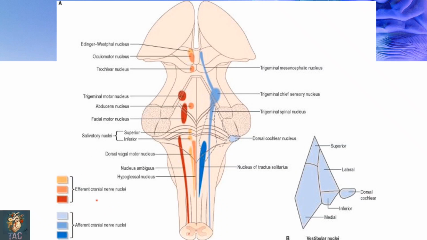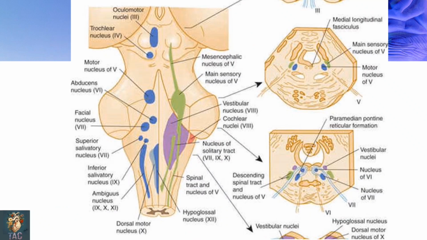The efferent cranial nerve nuclei are given these three colors, and the efferent fibers of the cranial nerve nuclei are given these colors. Another diagram to show the different cranial nerve nuclei and also the different sections of the pons. So you can see oculomotor, trochlear nerve, the motor nuclei of cranial nerves 5, 6, 7, superior and inferior salivatory nucleus, nucleus ambiguus, dorsal nucleus of vagus nerve.